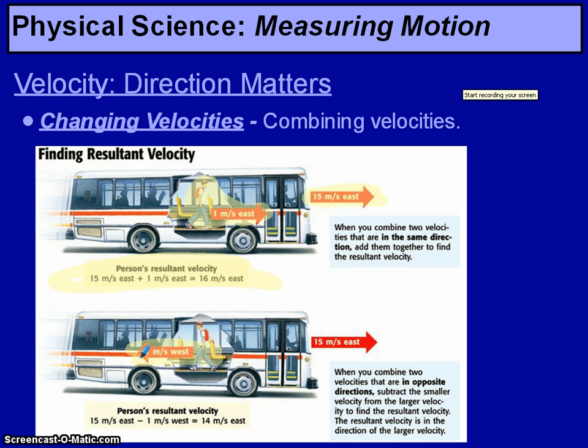In other words, he's going the opposite direction as the bus, where the bus is still going at 15 meters per second east. Well, in this case, the resultant velocity is going to be the subtraction of the two values. So according to the creepy tree outside of the bus, the man is actually going 14 meters per second east.